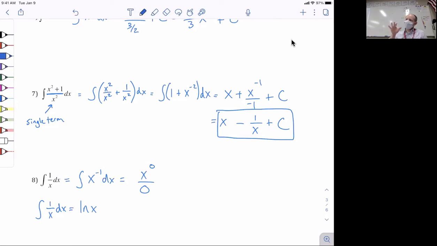Now, maybe you could have reasoned that because you've seen this before. The derivative with respect to x of ln of x is 1/x. Okay. So anytime you're taking that antiderivative, you always got to go back to the question essentially is saying that 1/x is the derivative of what function?